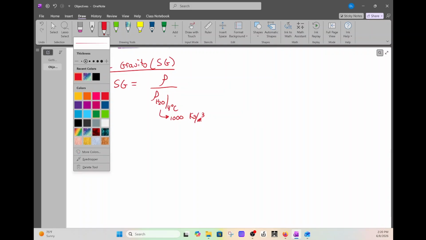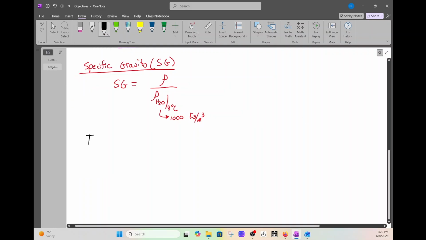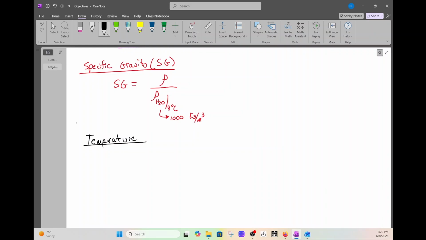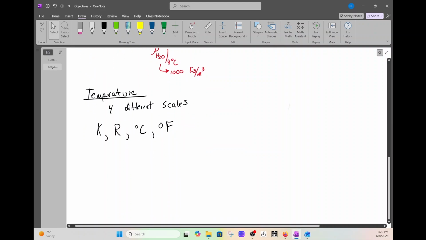Let's change this to black. Let's look at temperature. There's actually 4 different scales. We have Kelvin, which is K. We have Rankine, which is R. We have degrees C, Celsius, and degree F, as in Fahrenheit.